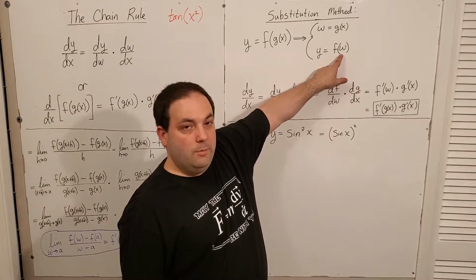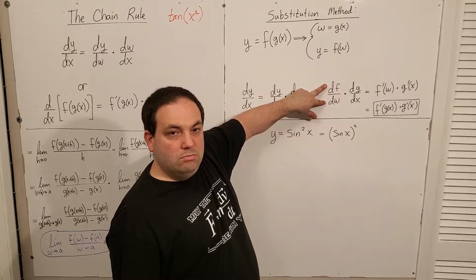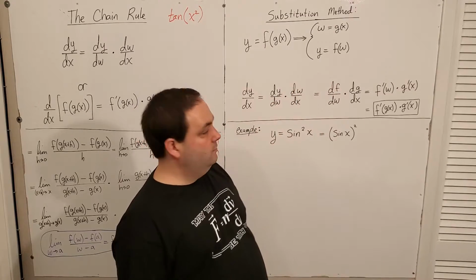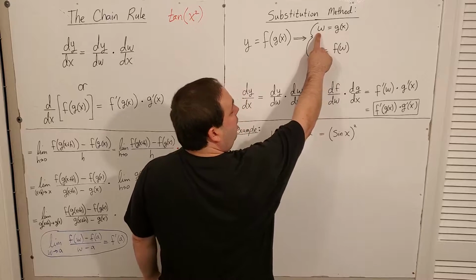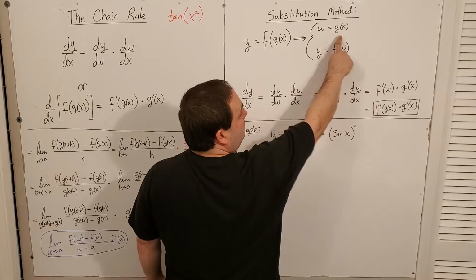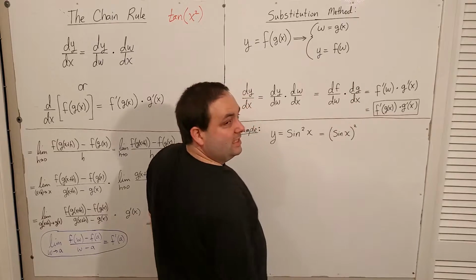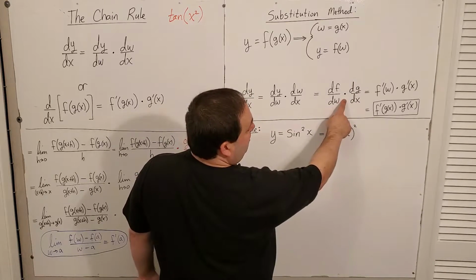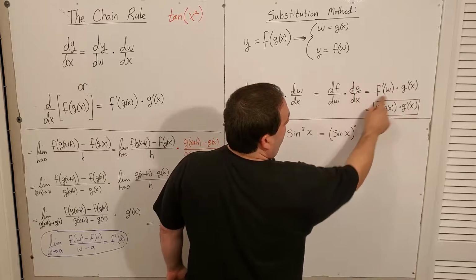Y is related to w through the function f. So that's really df dw, right? This derivative. And w is related to x through g. So dw dx is really the derivative of g with respect to x. I'm still multiplying them, but look, that's f prime of w times g prime of x, isn't it?